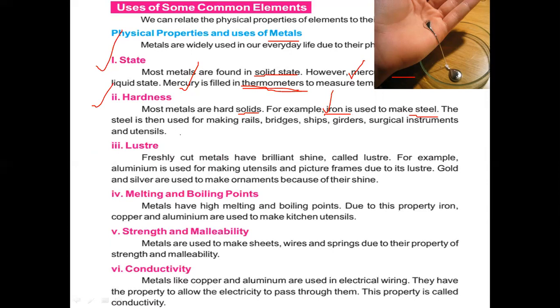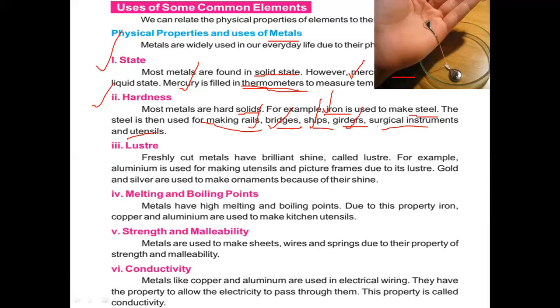The steel is then used for making rails, bridges, ships, girders, surgical instruments, and utensils at our home. Rails are the railway tracks where trains can move. Steel is also used for making ships and some machinery.